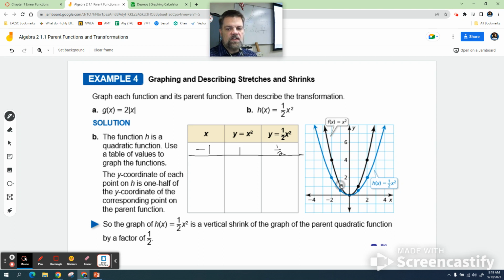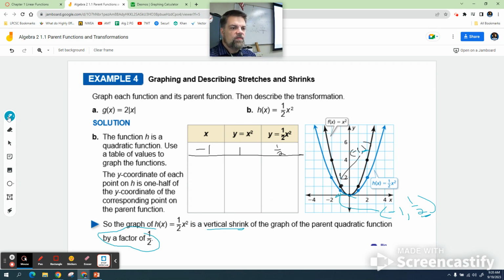So this number here is -1, 1. But over here in blue, this value is -1, 1/2. So whatever this y value is, I'm multiplying it by 1/2. So we say that is a vertical shrink, because it's a fraction, by a factor of 1/2.